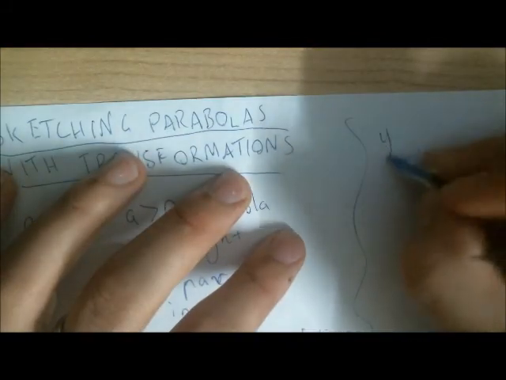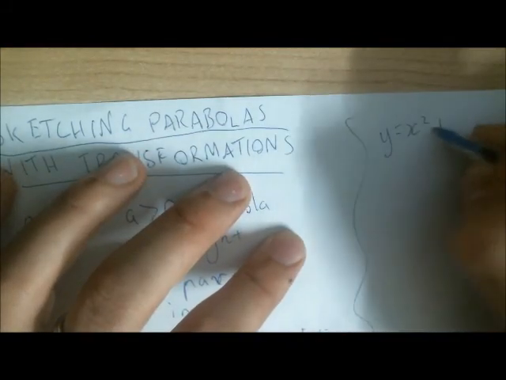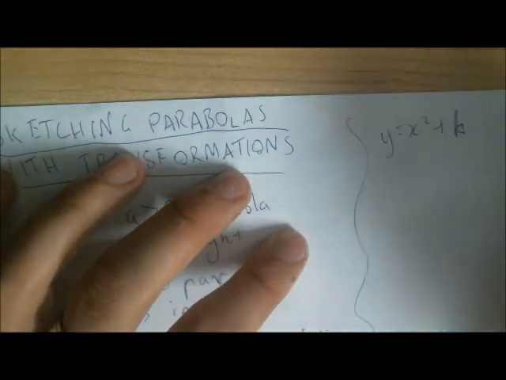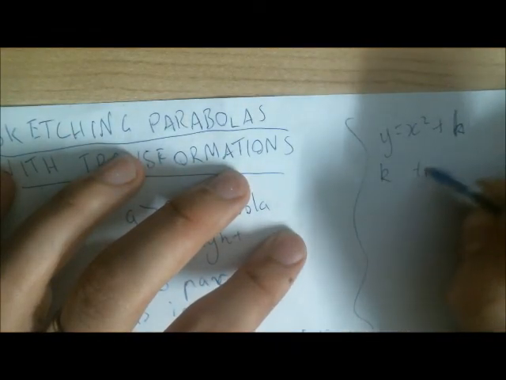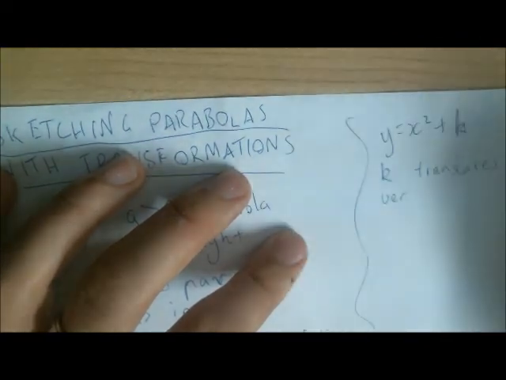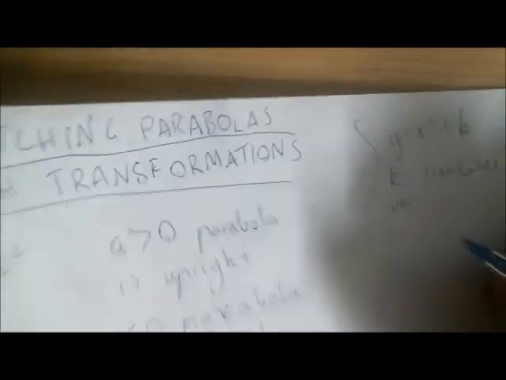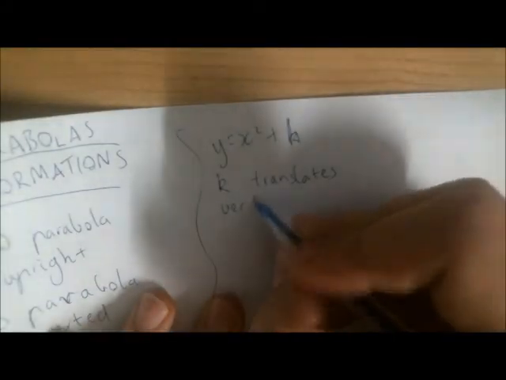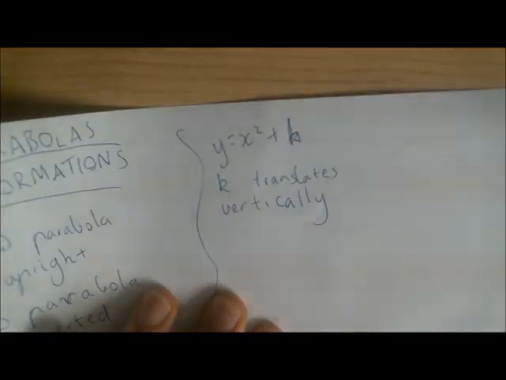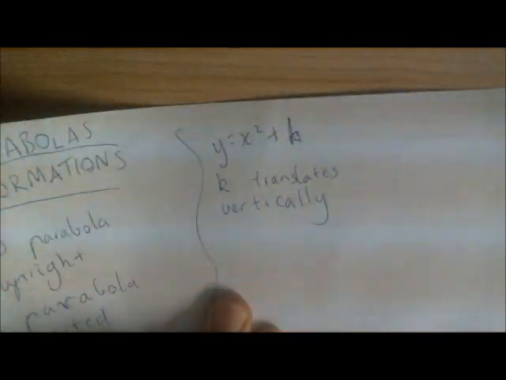As for y equals x squared plus h, oh sorry, we'll call it k. K translates vertically. So in other words, it moves the graph up and down.